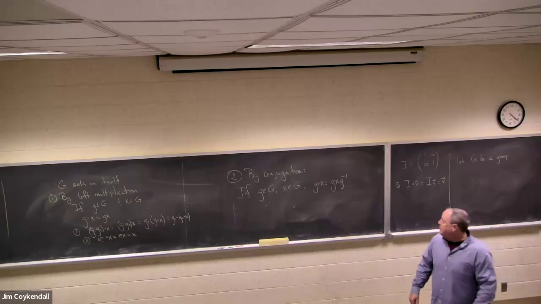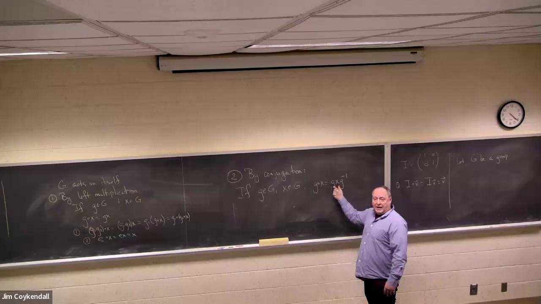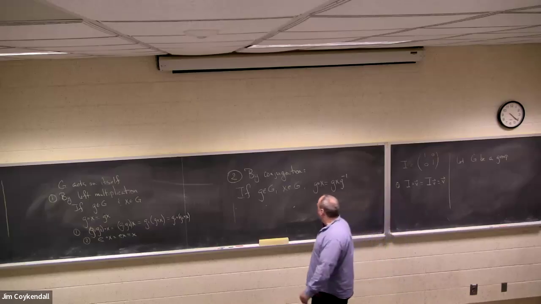By the way, let me point out, if the group G is abelian, this action is trivial, right? Because if the group's abelian, then I can swap x and g, the g's cancel out, and I get g acting on x is just x. So this is only really interesting if the group's not abelian.